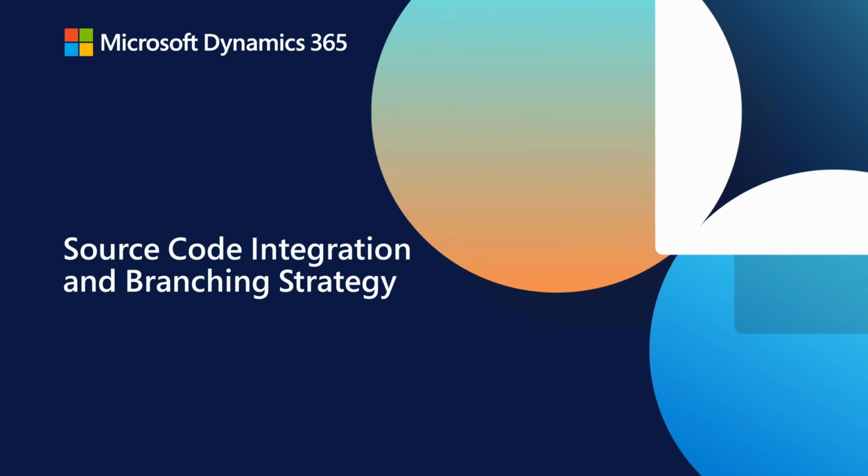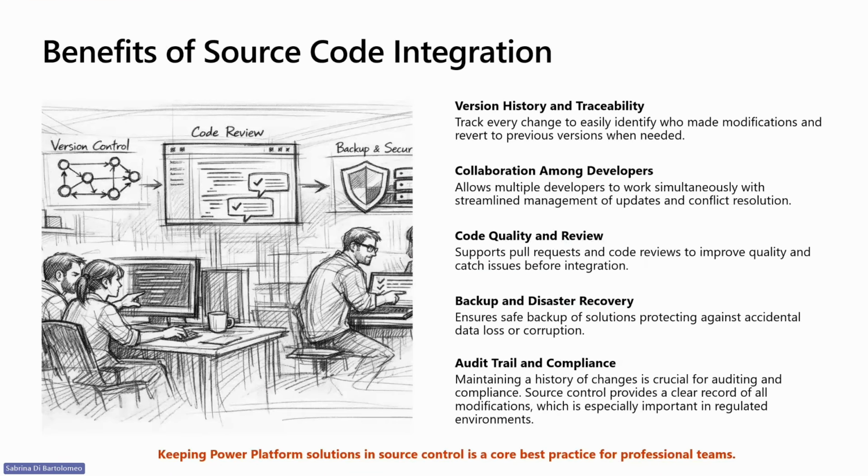Let's talk now about the benefits of source code integration. As mentioned earlier, the value of a healthy ALM approach is often only realized when something goes wrong. There have been projects where, after go live, teams deleted the development and test environments and kept only production. The idea was that development could always be recreated by cloning production.